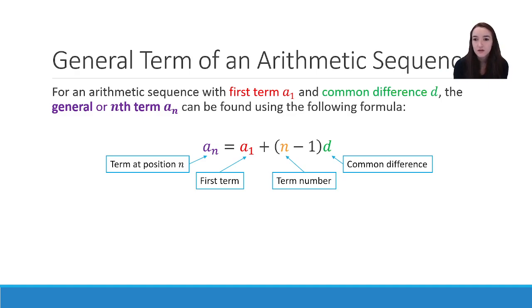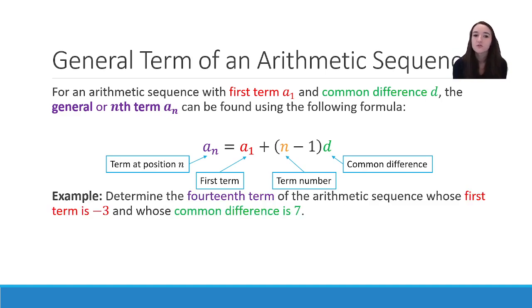We can plug in 182 to find the 182nd term. We can plug in any number for n. N is just the term number, okay? So first term A1, term number n, common difference D, and so an is the term at position n. So if it's the 50th, we'd say A50 is A1 plus 50 minus 1 times D.